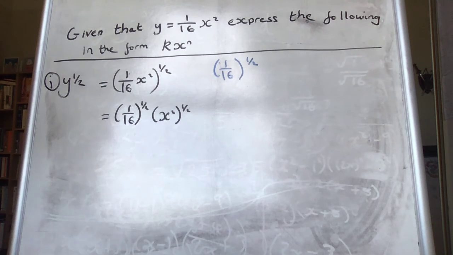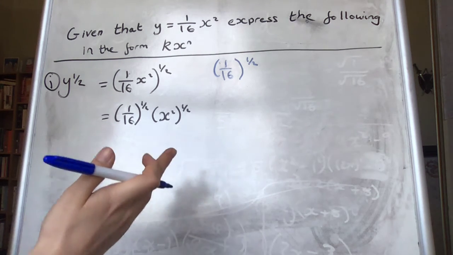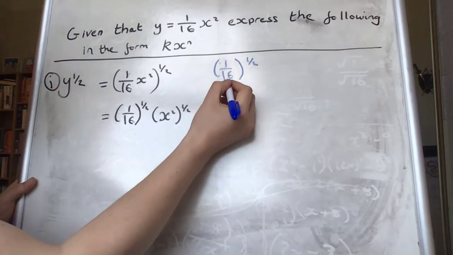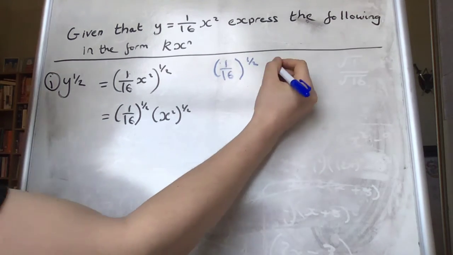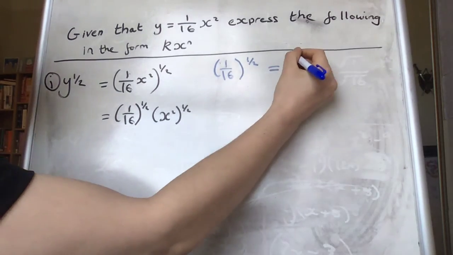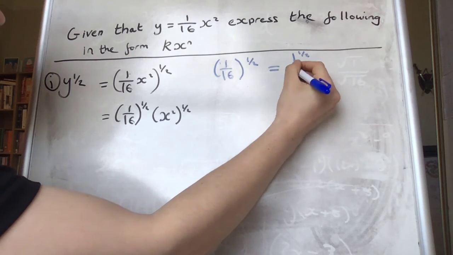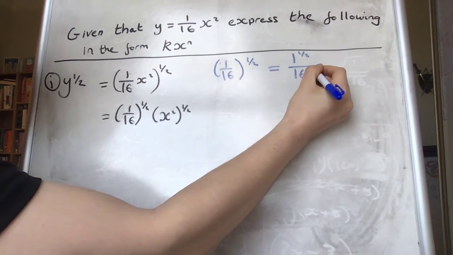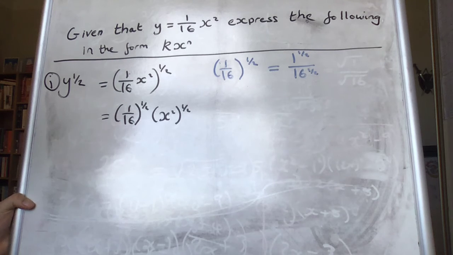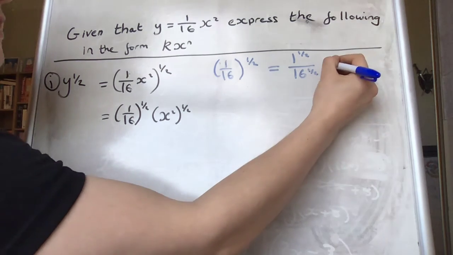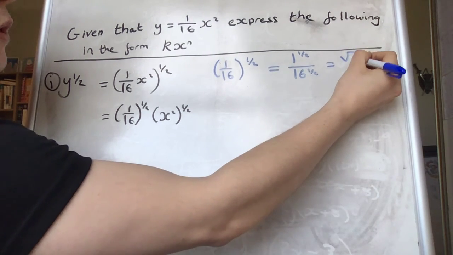When we have an expression like this, and we have a fraction raised to a certain power, both the numerator and the denominator must be raised to that power. So we can rewrite that again as 1 to the power of half over 16 to the power of a half. And as we saw earlier, when a number is raised to the power of a half, that is the same as saying the square root.